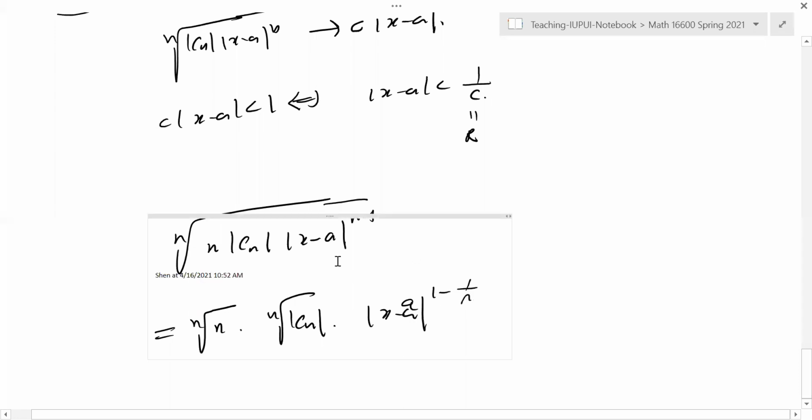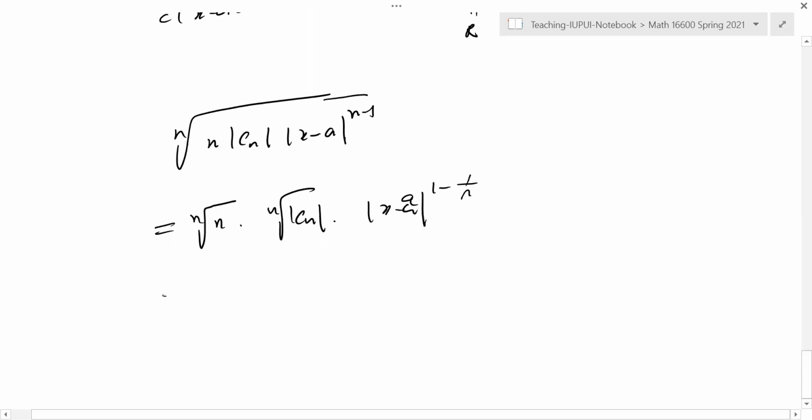So now you see that this approaches 1, this approaches C, this approaches |x minus a|.